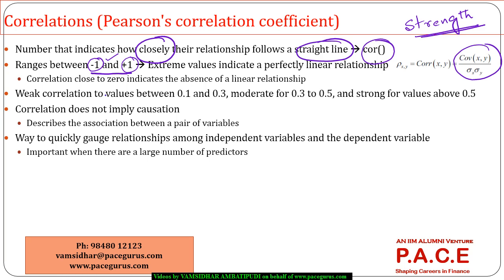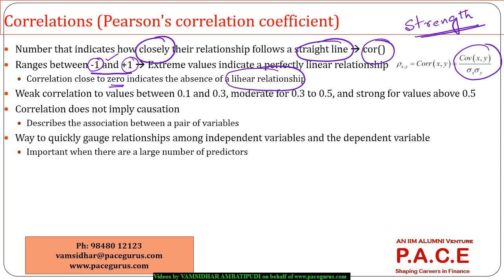But if the correlation is very close to zero, then I can conclude that there may not be any linear relationship between the variables. There could be some non-linear relationship, but definitely the linear relationship is not present between the two variables.